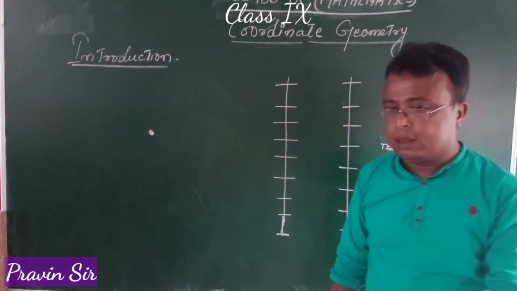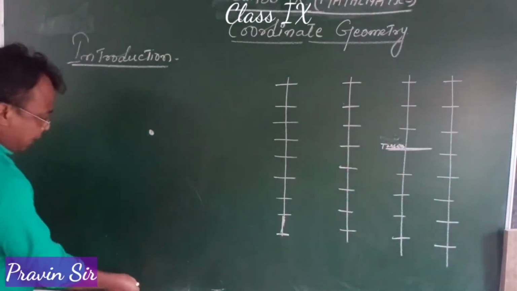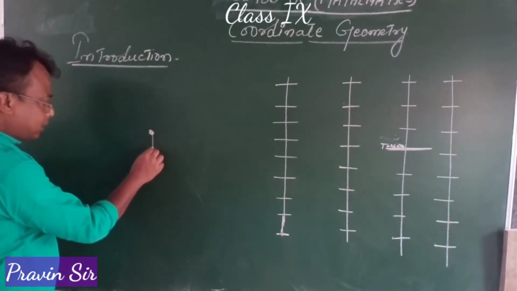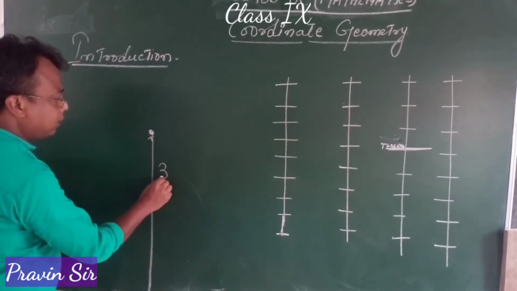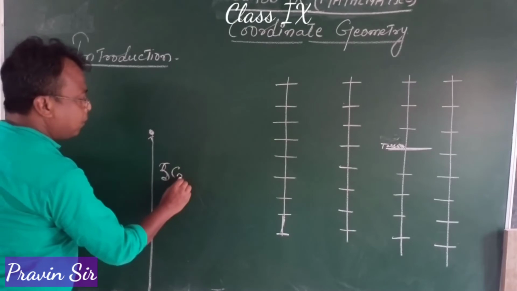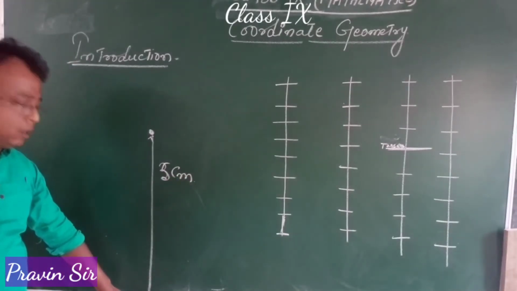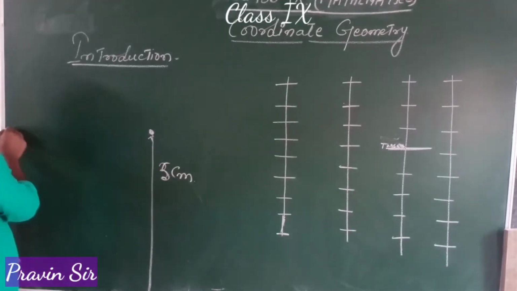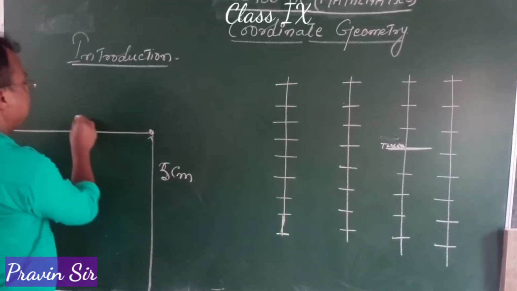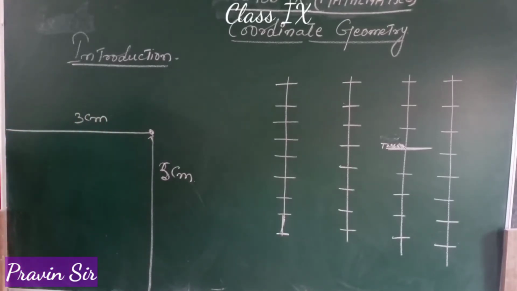So I asked somebody, and he told me, sir, this point is 5 centimeter from the bottom of the board and 3 centimeter from the left side of the board.